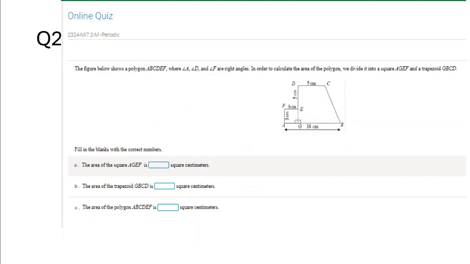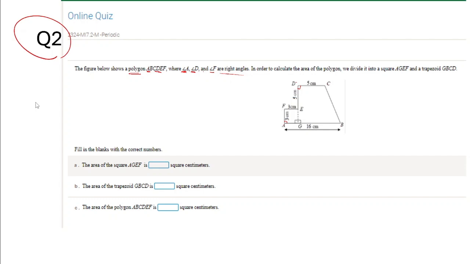Okay, question number 2 says the figure below shows a polygon A, B, C, D, E, F, where angle A, angle D, and angle F are right angles. That means these angles are 90 degrees, right?